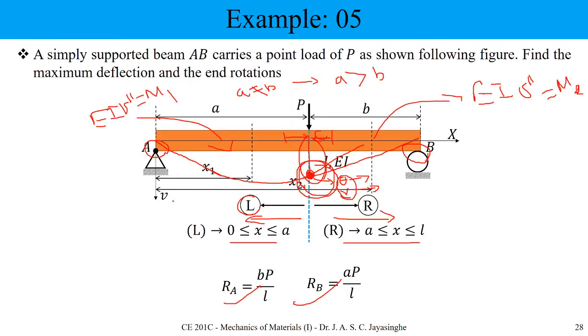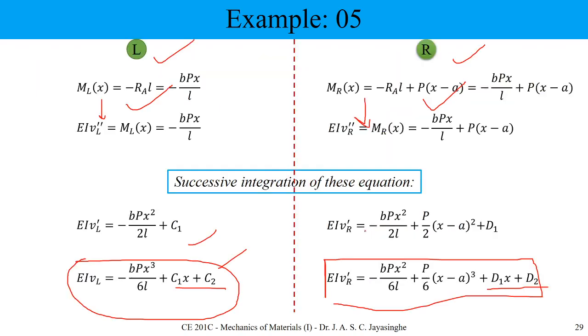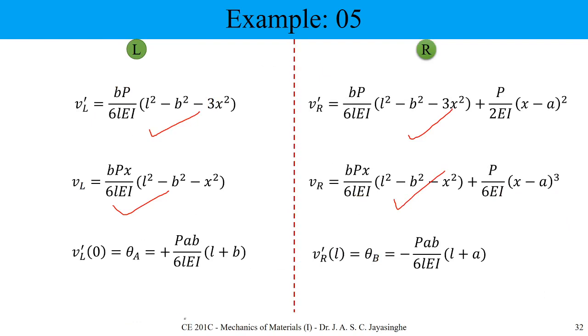If you're working with this angle, then you need to work with the left side equation. If you want to work with this angle, you need to work with the right hand equation. So you can substitute and end up with these two equations. Of course, this is a positive angle and this is a negative angle, because it is going in the clockwise direction.